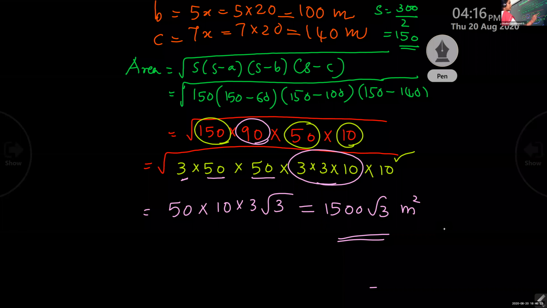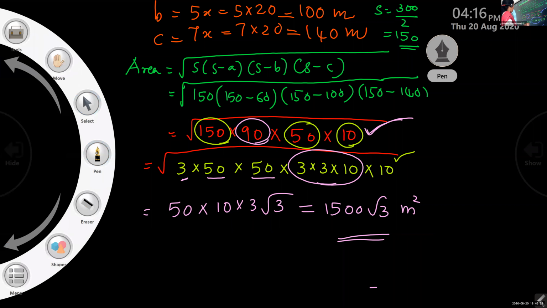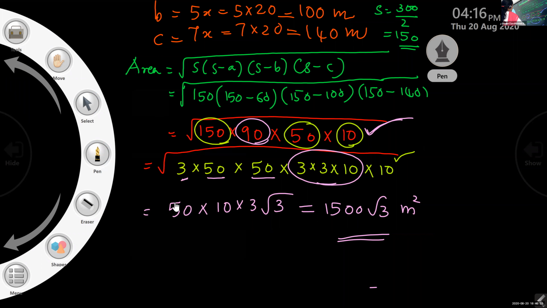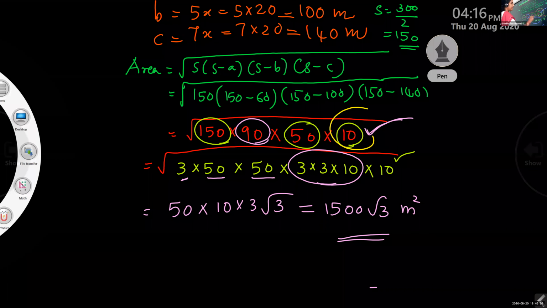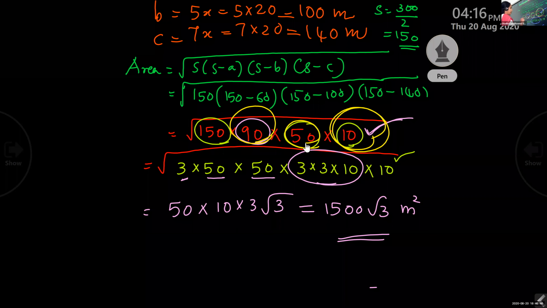Look at the numbers given here. It is 10 here, 10. So split 90 as 9 into 10 or 3 into 3 into 10. And when 50 comes, you can split 150 as 3 into 50. I hope you understood now.